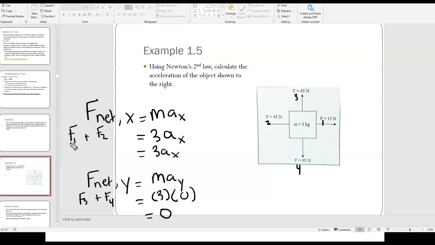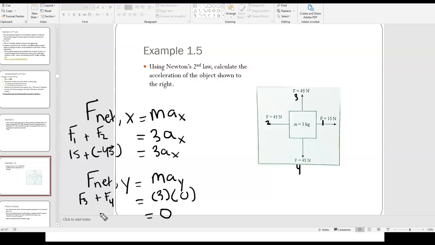So for F1, I'm going to put 15 newtons, plus F2, I'm going to put negative 45 newtons. Make sure you remember you're adding vectors and the direction matters. This is 45 newtons to the left, so that's why it's negative 45 right there.